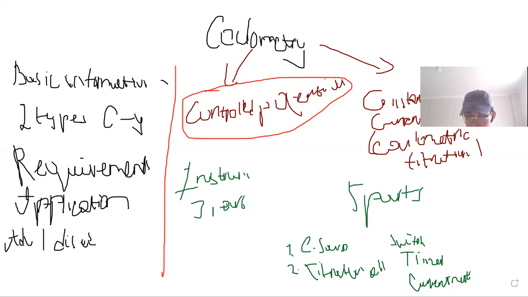A single coulometric titration apparatus can be used for redox, acid-base, precipitation, and complexometric titrations. Disadvantages: relatively higher cost, requires highly trained personnel, long setup time, limited life of the electrolytic cell, and low sample throughput.